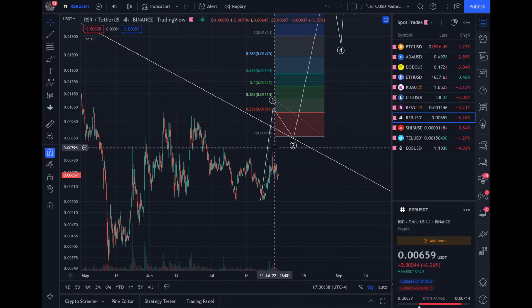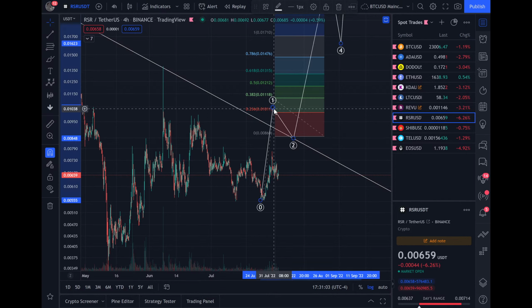If it's not a wave 1, let's see. Yeah, I think this is wave 1.